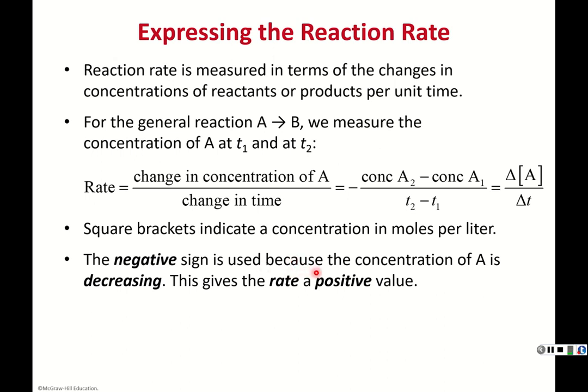This gives a positive rate. You'd have a higher concentration of A at time 1 and a lower concentration of A at time 2, so the change would be negative, and this negative sign cancels it out, and that's why the rate itself is positive.